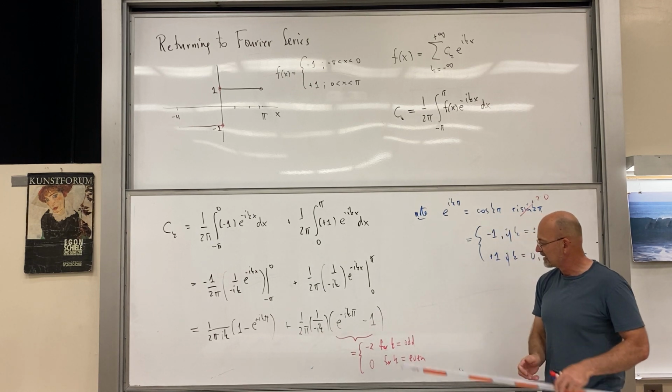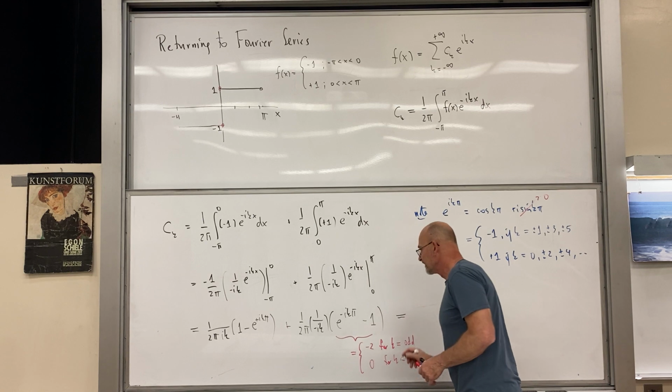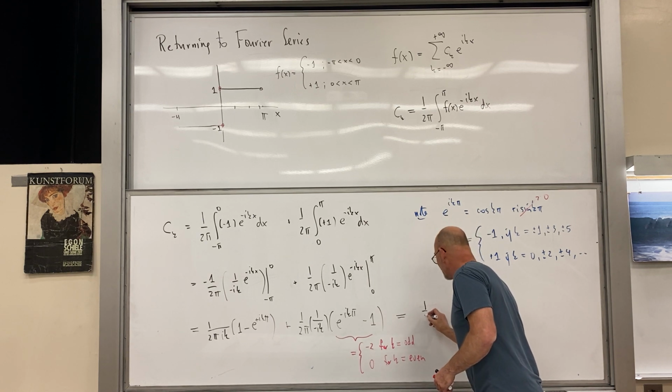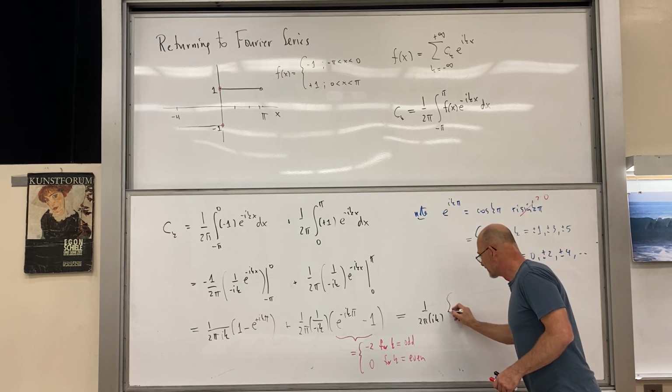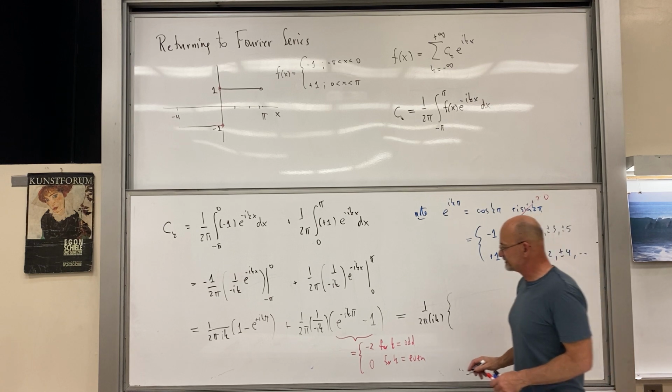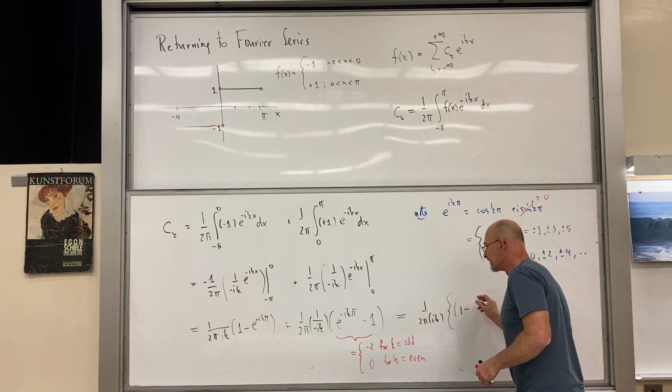Maybe I'll go ahead and do that. Equals 1/2 pi ik times 1 minus e to the i k pi.